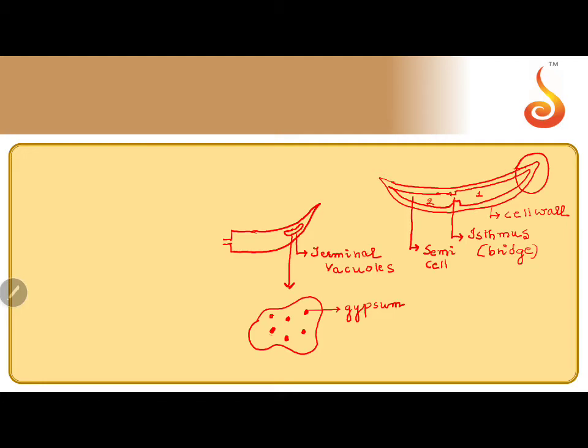showing Brownian movement. I think all of you know what is a Brownian movement. The random movement of a molecule. Brownian movement. So we wonder, why should we have calcium sulfate crystals in the terminal vacuole of a semicell in Closterium? These gypsum crystals act as statoliths.